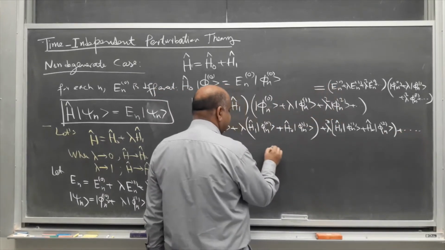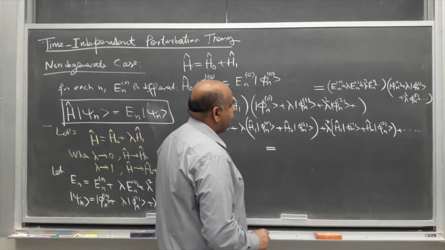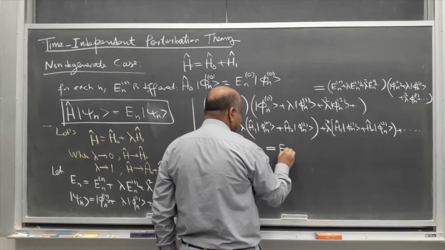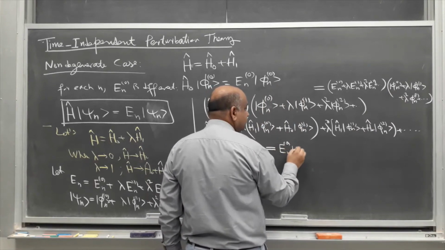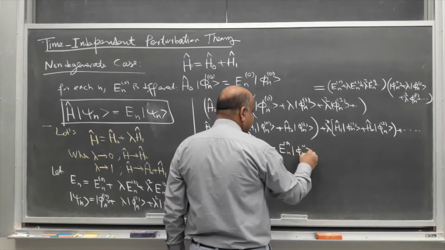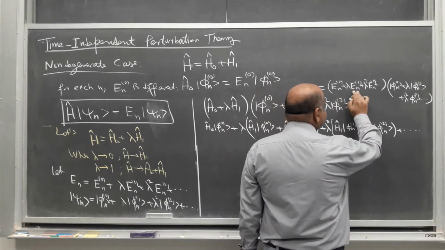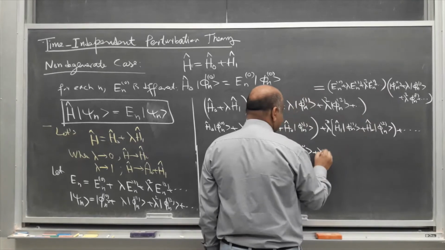On the right side, I have En0 phi n0, which is independent of lambda, plus this lambda En1 into phi n0.